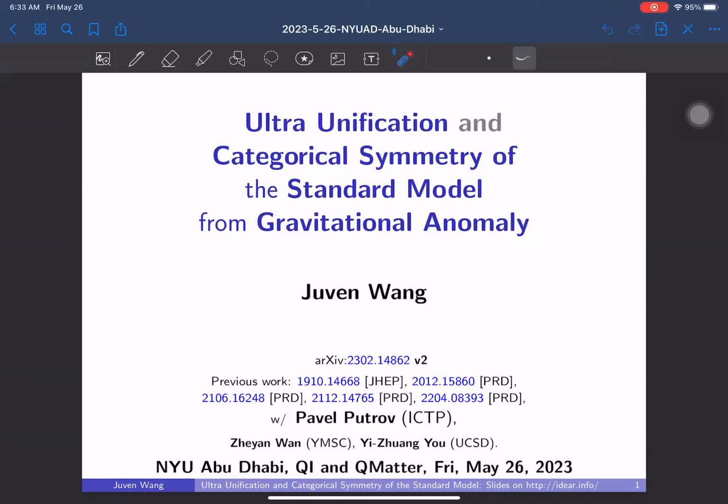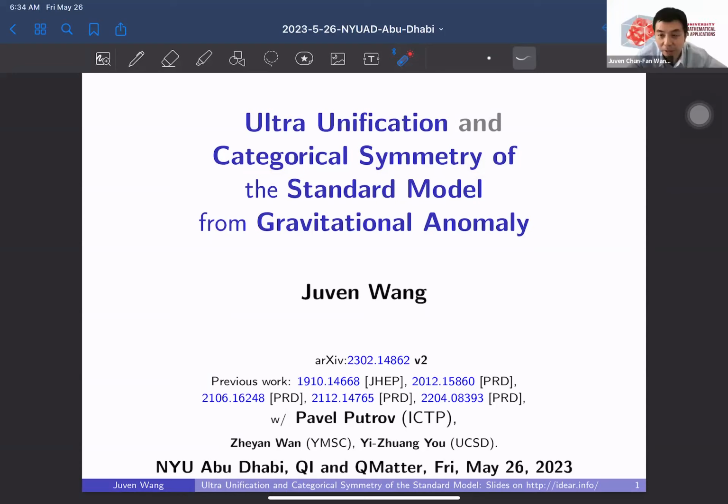Okay, so now it's only on my laptop, because if I connect it to Zoom, then it has the echo.